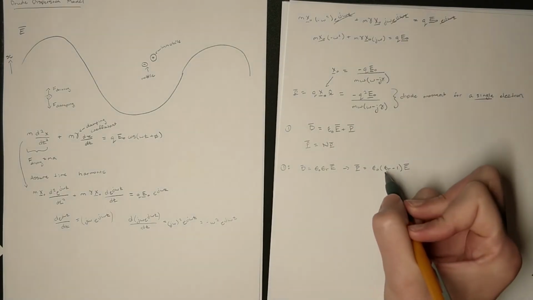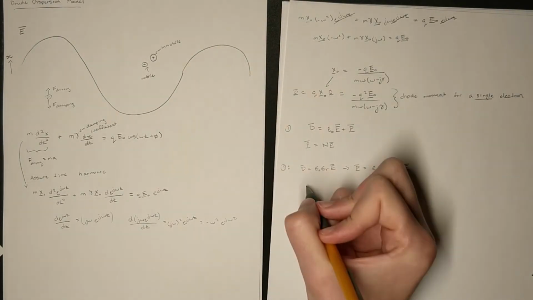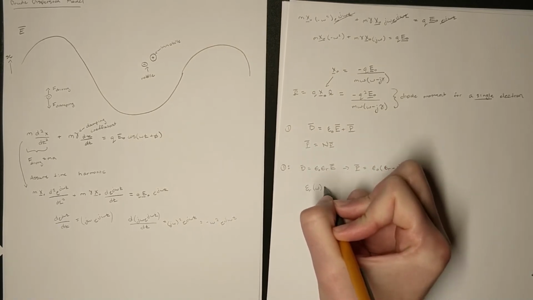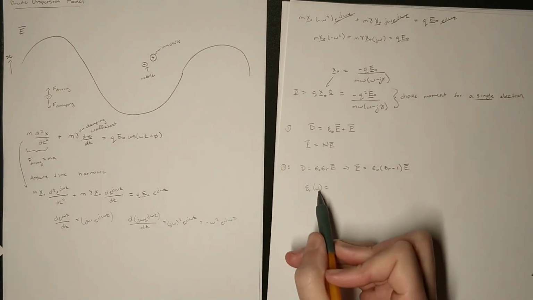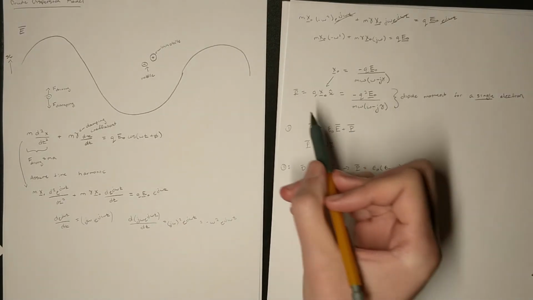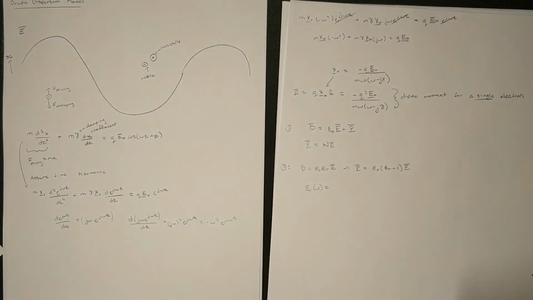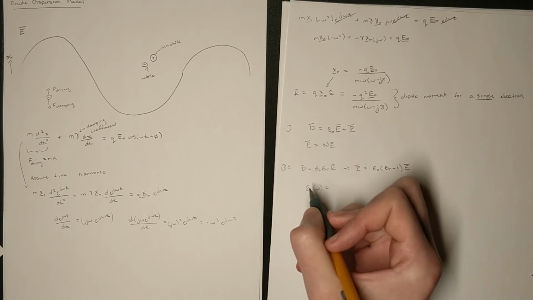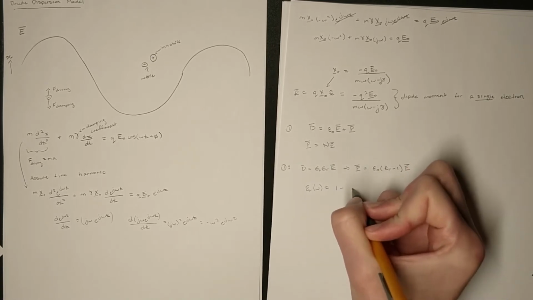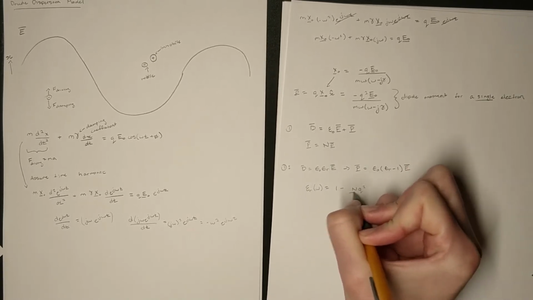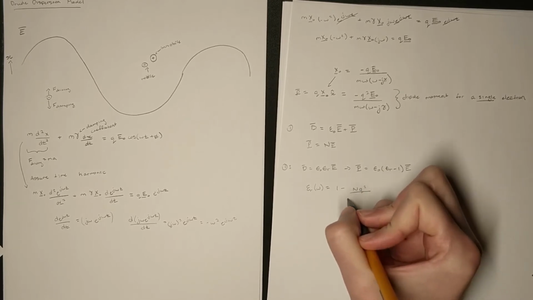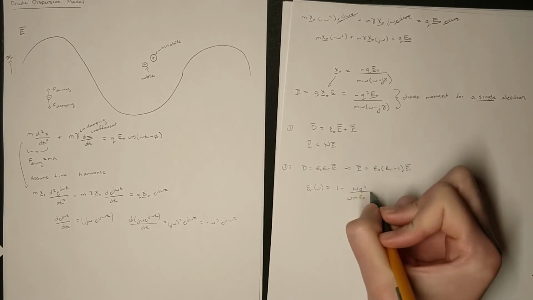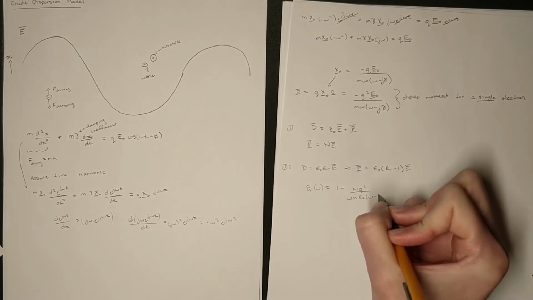Now, rearranging for epsilon r, we find that it's actually a function of omega, as our single dipole moment is a function of omega. And we find that this is equal to 1 minus n q squared over omega m epsilon naught times omega minus j gamma.